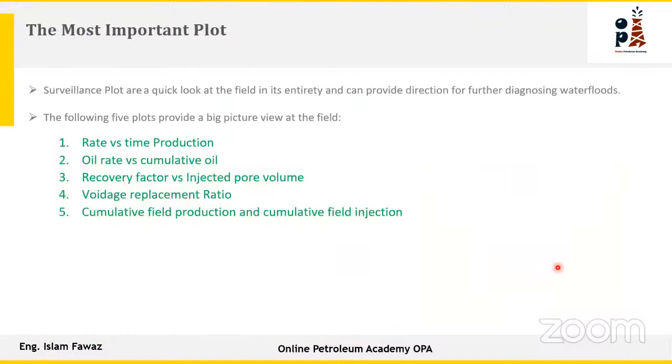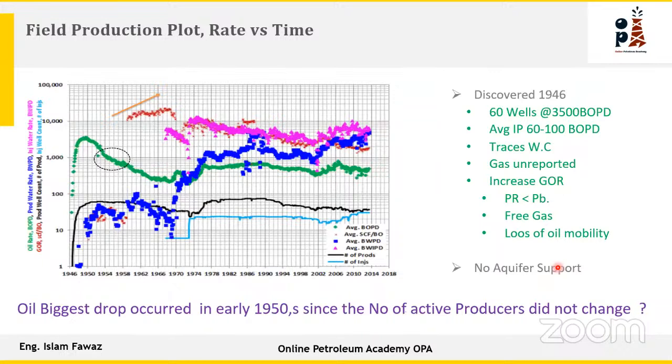Surveillance is very, very important, and I have gathered for you the most common five plots to show the big picture at the field. One is rate versus time production. Second is oil rate versus cumulative. Then recovery factor versus injected pore volume, as I said in the previous slide. Then voidage replacement ratio, and cumulative production versus cumulative field injection. So let's start with an example here.